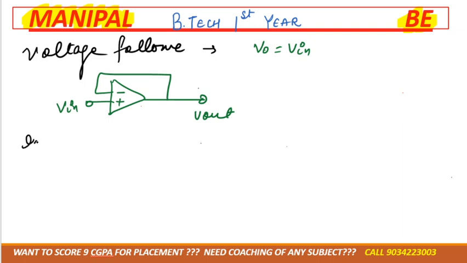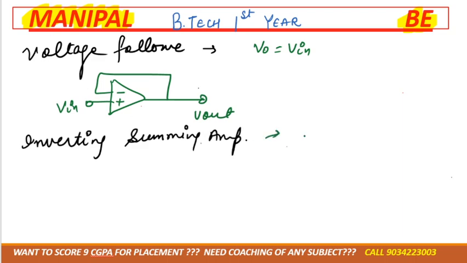Next one is inverting summing amplifier. Inverting summing amplifier, the formula is V naught is equal to minus RF by R1 V1 minus RF by R2 V2 minus RF by R3 V3.